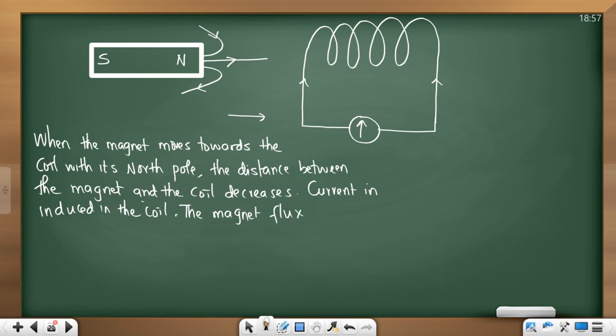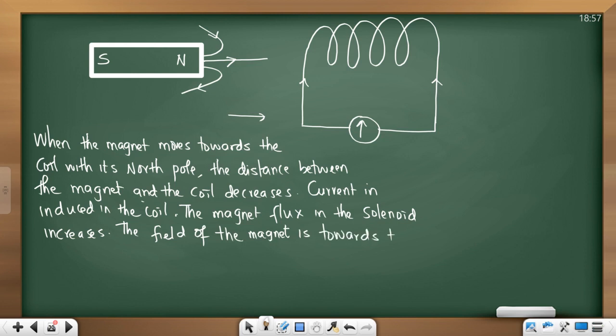I'll demonstrate. The field of the magnet is towards the right. You would get this just now. The field of the magnet is towards the right.